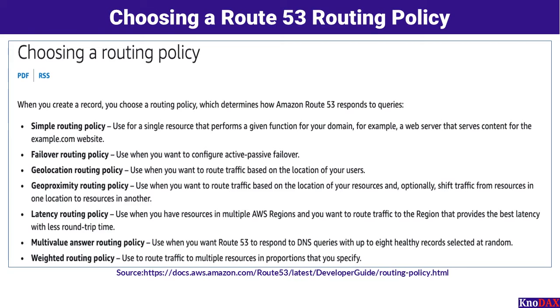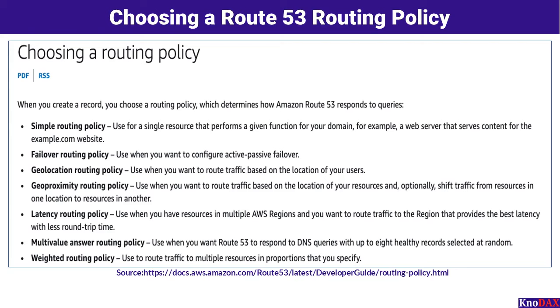Geoproximity routing policy. Routes traffic based on the geographic locations of both users and resources, with the flexibility to adjust traffic flow using bias values. Latency routing policy. Optimizes performance by routing traffic to the region or resource with the lowest latency for the user. Multivalue Answer Routing policy.